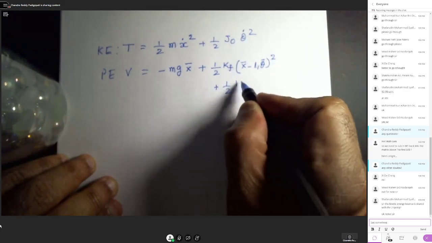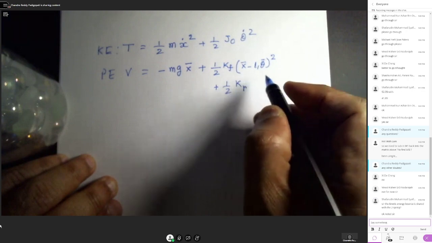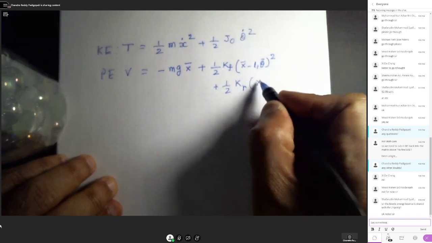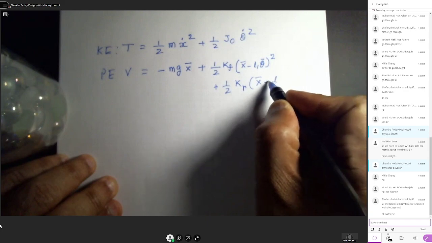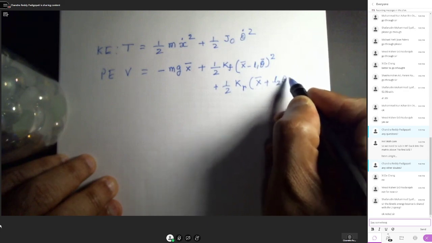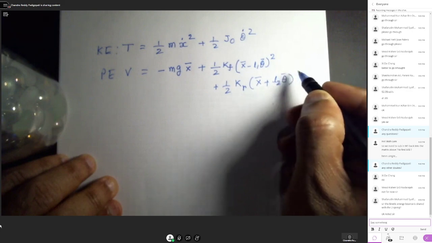Then similarly for the rear spring, you can write half kr times x bar plus L2 theta, whole square.